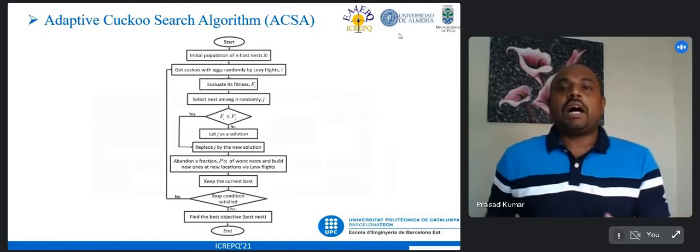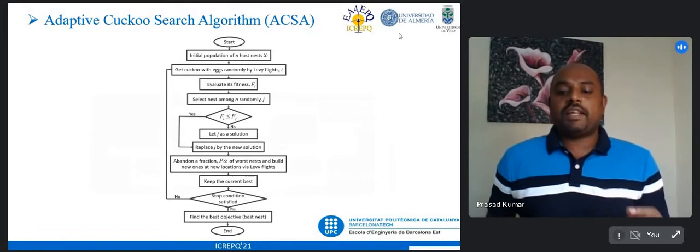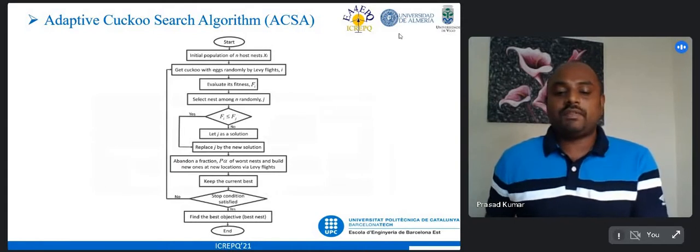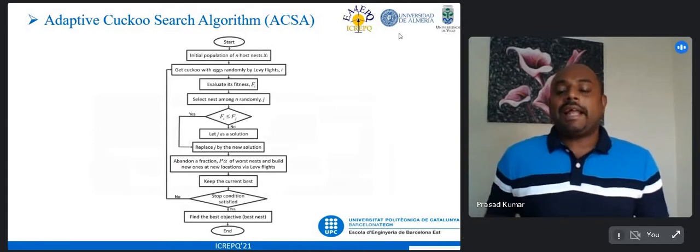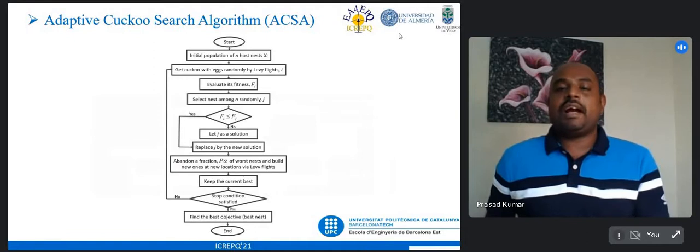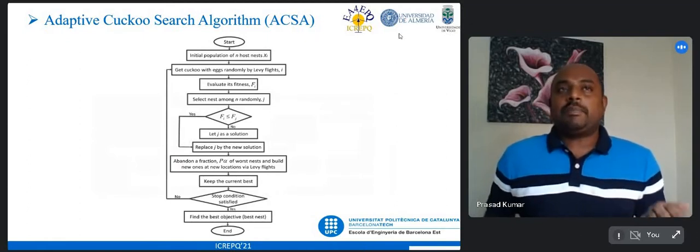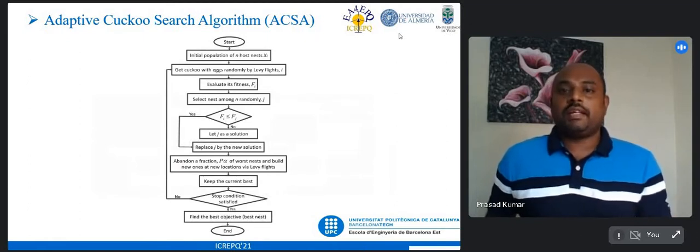After that, the algorithm will identify two different key constants. One is the direct exploration that depends on the Levy flight, and the second is the random exploration that depends on the probability of a host bird identifying the egg and throwing it away, or else abandoning the nest and building a new nest. So it is based on the fitness value of the egg.